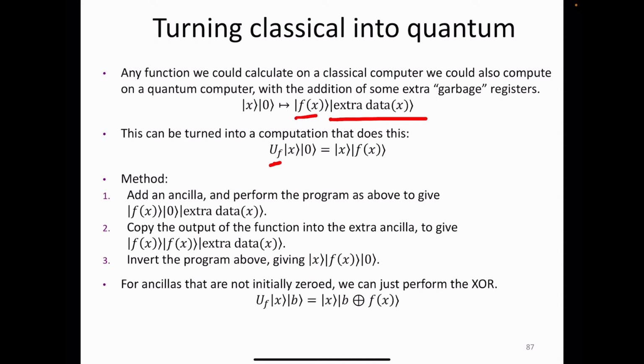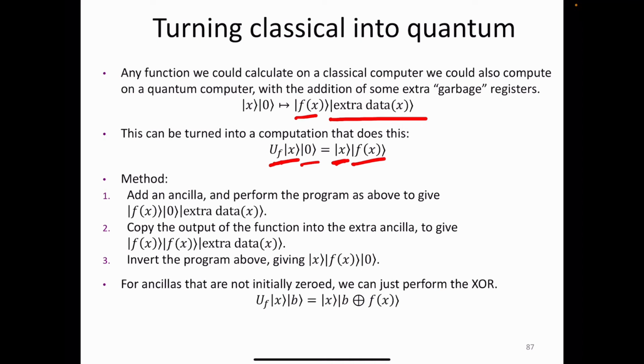You have some function that you turn into a unitary and call it U sub f, that you apply to your X. And here you have your zero state, returning back the original X and f of X for the target bit. One way to look at it is also by thinking about the identity transformation that we considered before. We leave the original state as it is, but we do something to the target state based on the original state. So the method here is that we add an ancilla and perform the program as above to give the result that we expect.